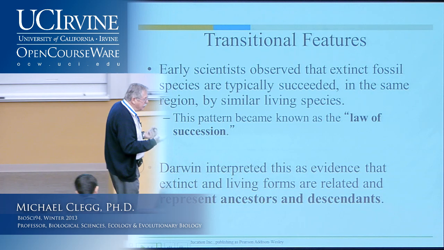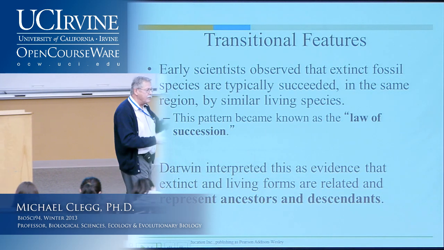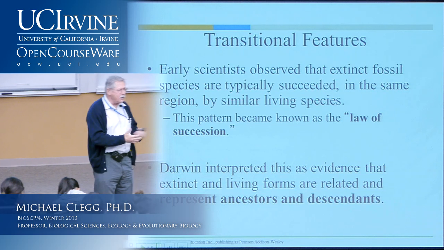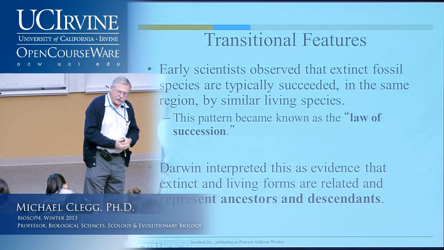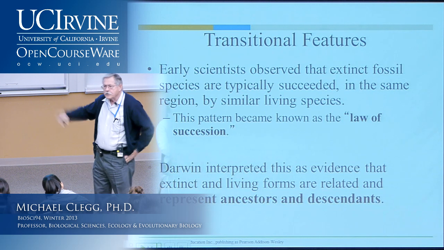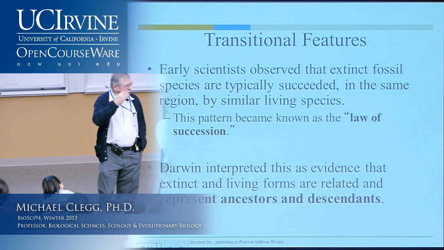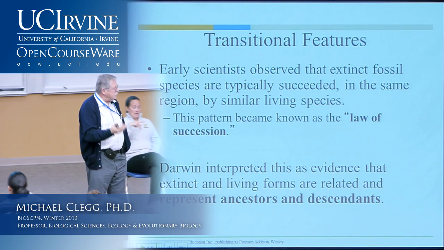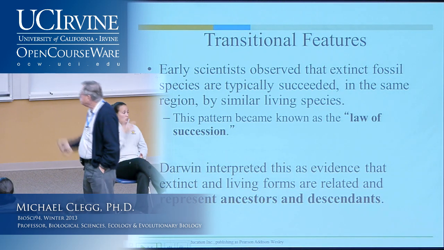Now, clearly the fact that extinction occurs means that there's got to be a way of replenishing species. Otherwise, everything would be gone over that 3 billion year history or so. So the complement to extinction is speciation, the origin of new species, and we'll talk a lot about that in an upcoming lecture.